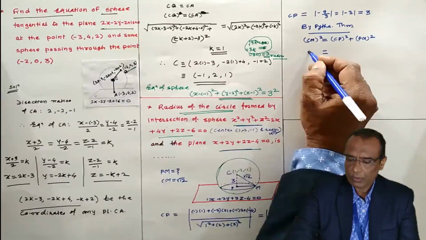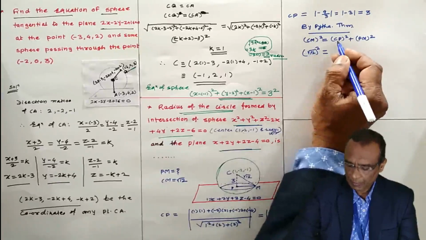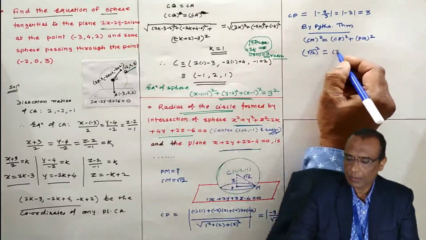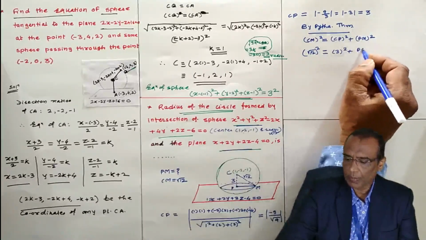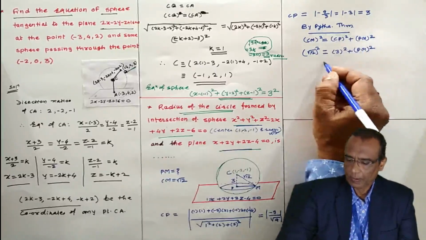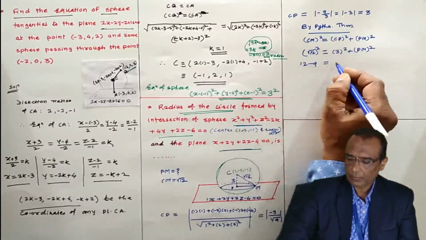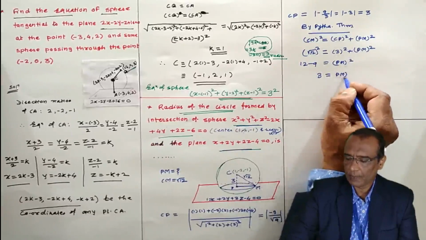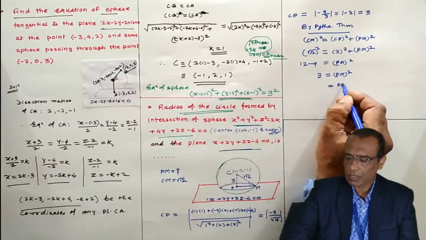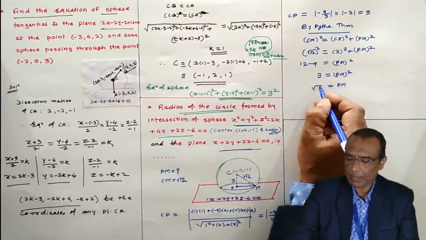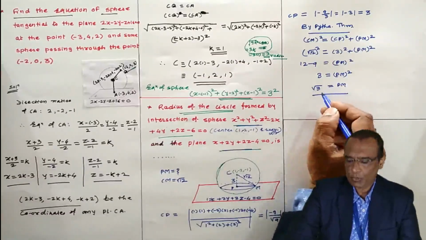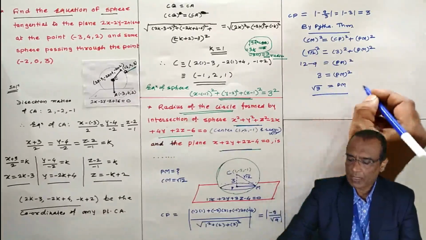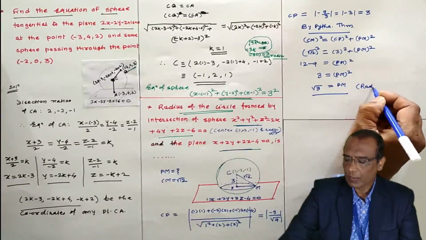CM is root 12, and CP we just found is 3, and PM I want. PM is the radius of the circle. Then 12 minus 9, which is 3, equals PM square. If I take the square root, it will be plus or minus root 3. But PM is the radius of the circle, which is always positive. The value of PM is root 3, and this PM is the radius of the circle.